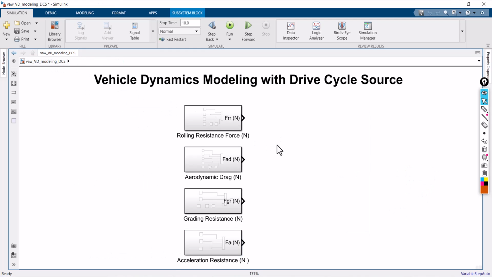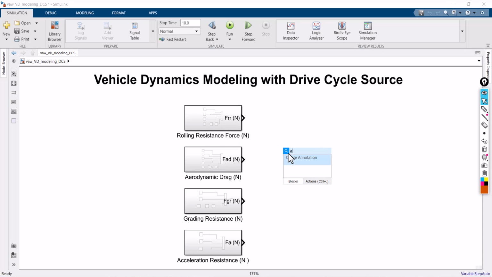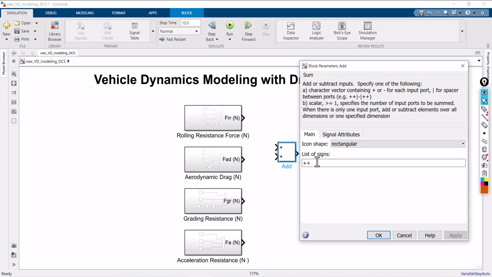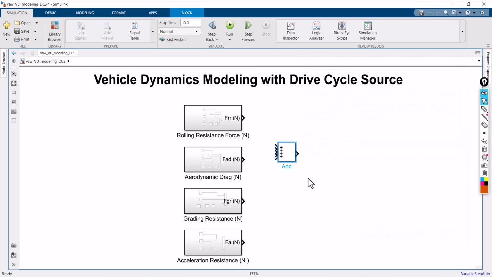Now, all opposing forces are available for measurement. At last, you can add all the forces. Increase the number of input ports in the addition term.